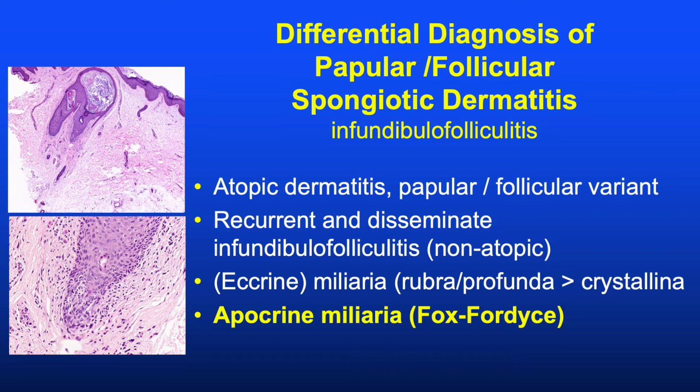And so the differential also includes the various forms of miliaria. So eccrine miliaria involving the eccrine glands, and then also apocrine miliaria, also known as Fox-Fordyce disease, in which spongiosis is localized to the upper portion of the apocrine sweat duct, can show a similar, if not indistinguishable, appearance of adnexal epithelial spongiosis.